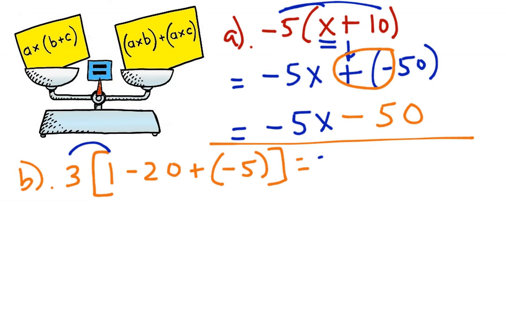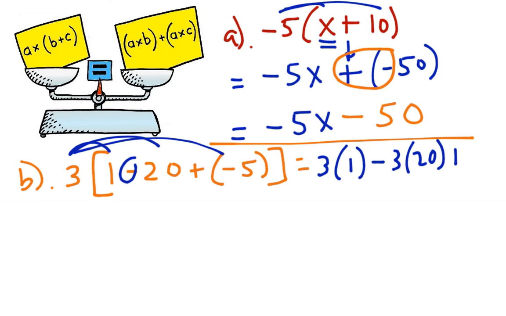So that's going to be 3 times 1. And then I'm going to carry my sign. And then I'm going to multiply 3 by 20. And then my last term is going to be plus 3 times negative 5.